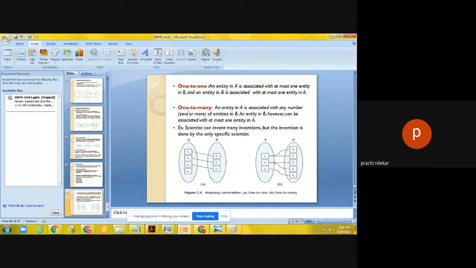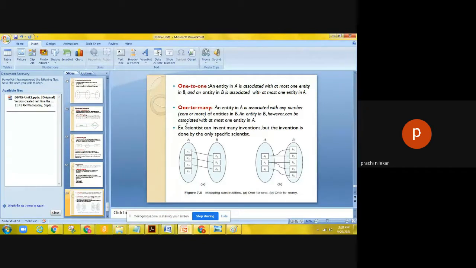Now one to many. A1 is associated with B1, and even B1 is associated only with A1.